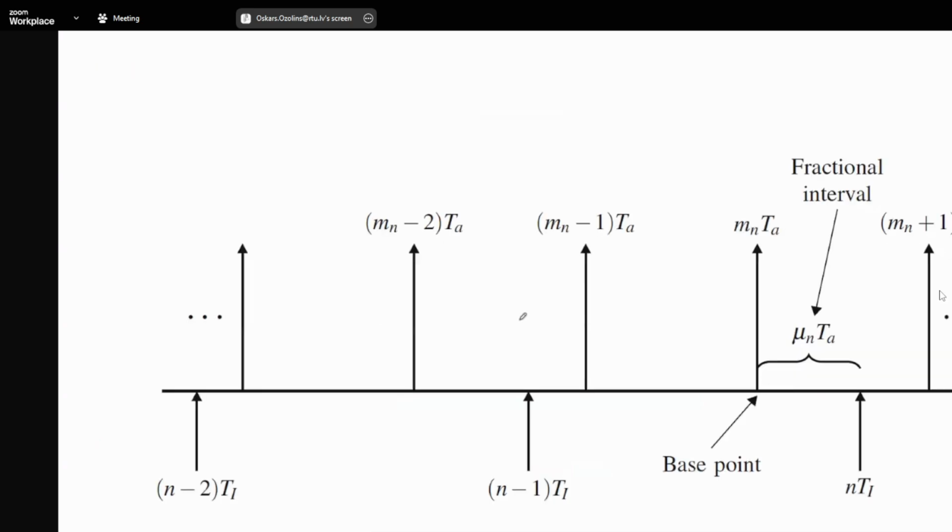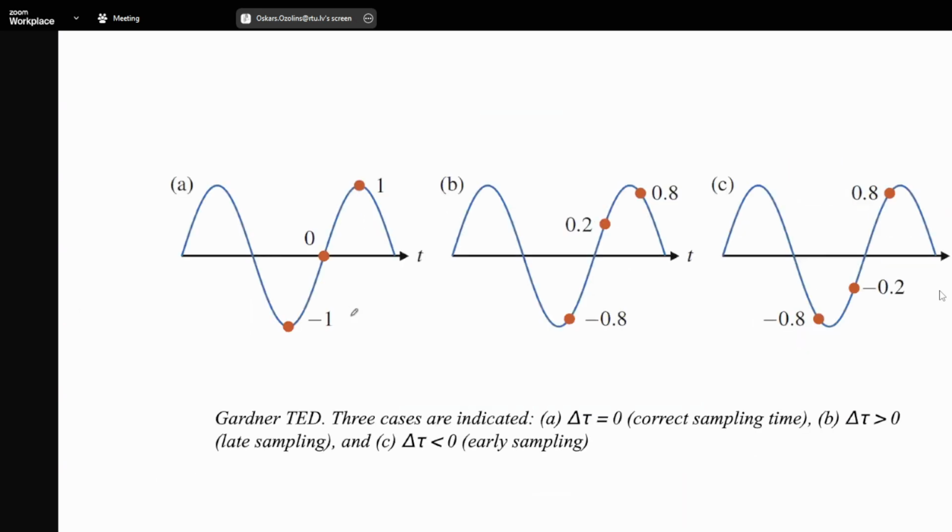Right. So then you have a base point, and after each base point you would expect that your samples are there, but you get some fractional interval which you need to compensate for. We can look at three cases when you sample a signal: you get the correct sampling time, then you have a late sampling time, where you sample too late, or you sample too early.